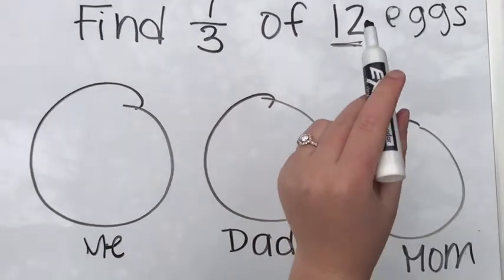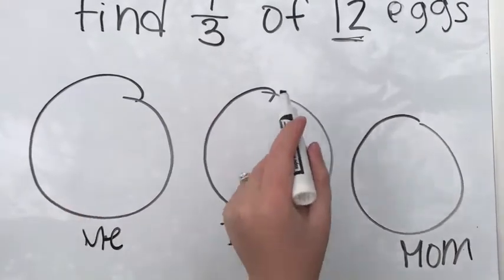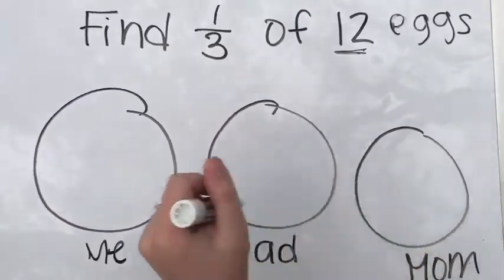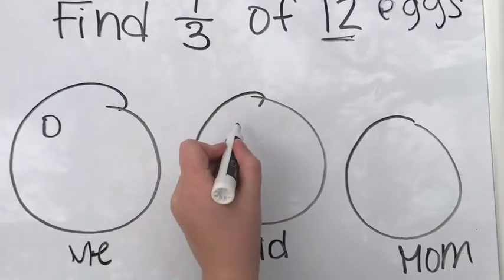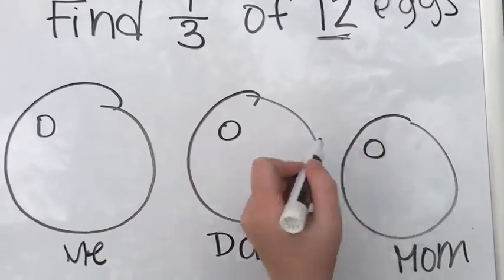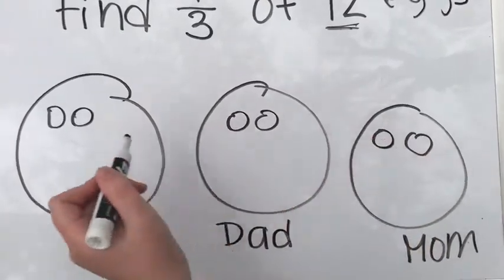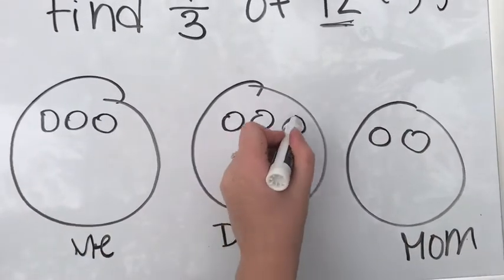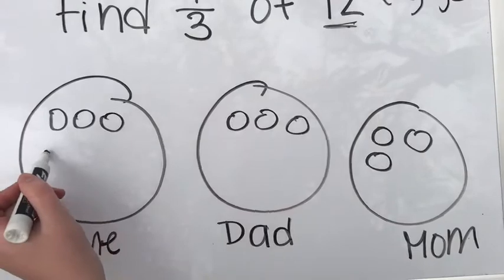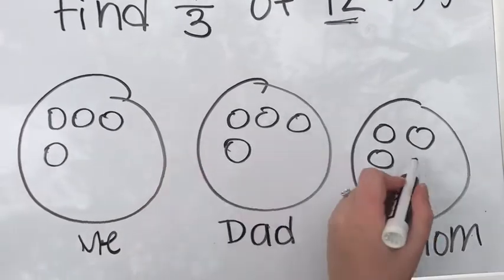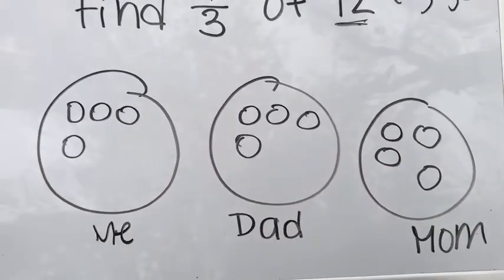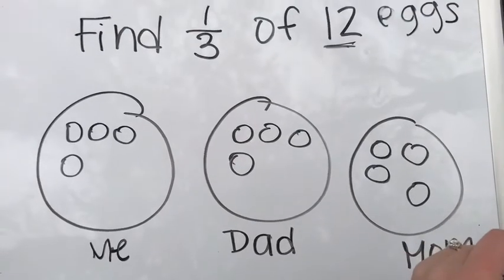So then what I needed to do was divide my eggs into 3 groups. So we have 1, 2, 3, 4, 5, 6, 7, 8, 9, 10, 11, 12. All right, so we used up all the eggs.